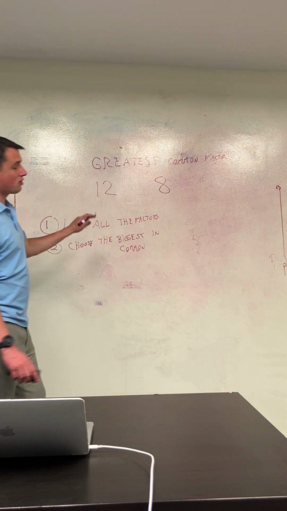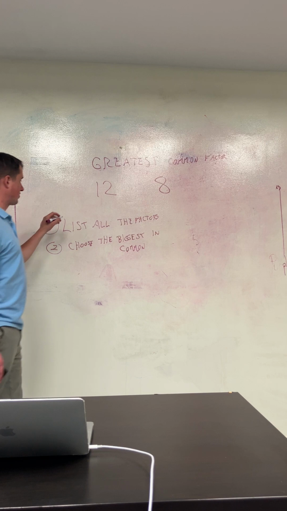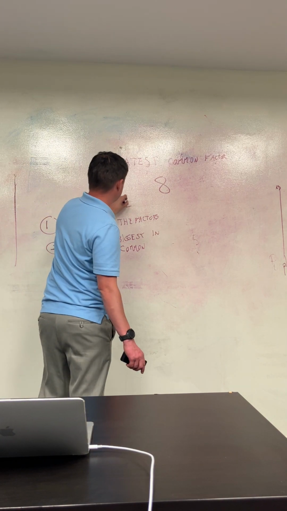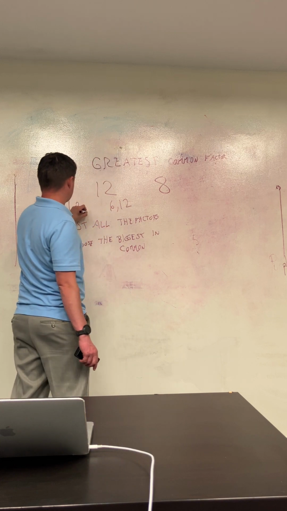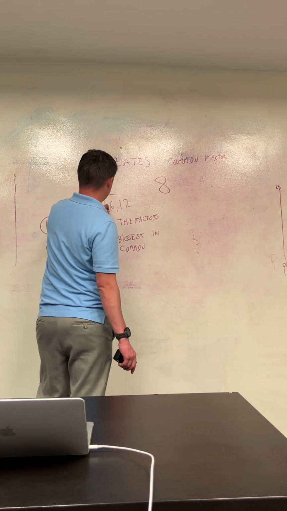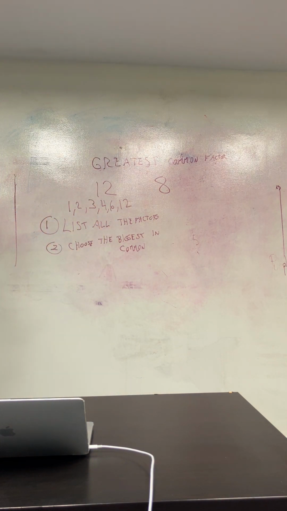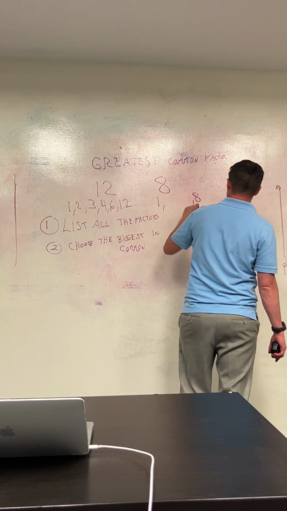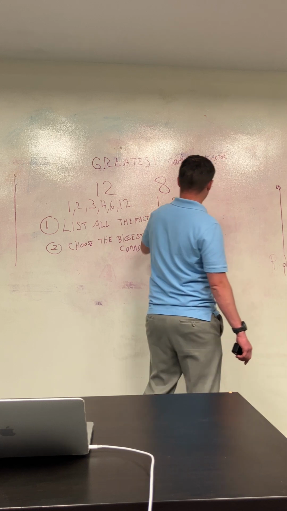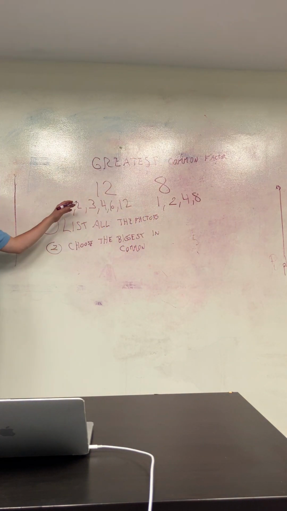So now we're not doing prime factorization, we're just doing regular factorization. For 12, we have 1 and 12, 2 and 6, 3 and 4. The factors of 8 are 1 and 8, and 2 and 4.